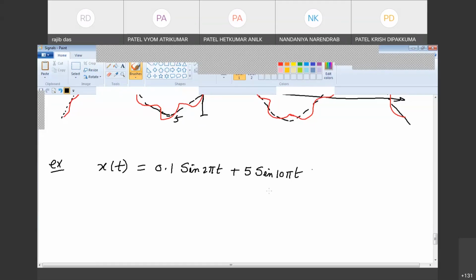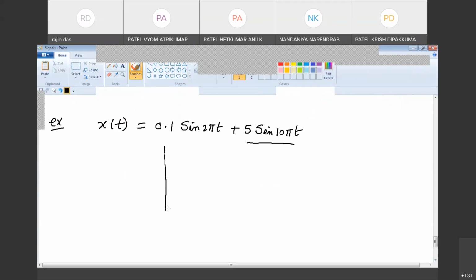Now in this case, again, this one is the dominating signal, and this is a fluctuation. So some minor change. If the first term is absent, then you will get purely 5 sine 10 pi t. Now what is happening? How to draw?